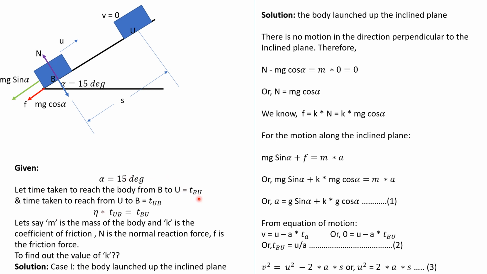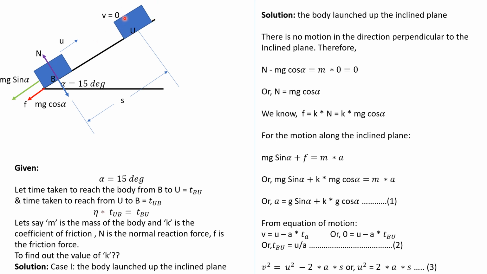For notation, the time taken for the small object to go from B to U is TBU, and the time taken to go from U to B is TUB. So what is happening in this case? The object was launched from here with a velocity u.